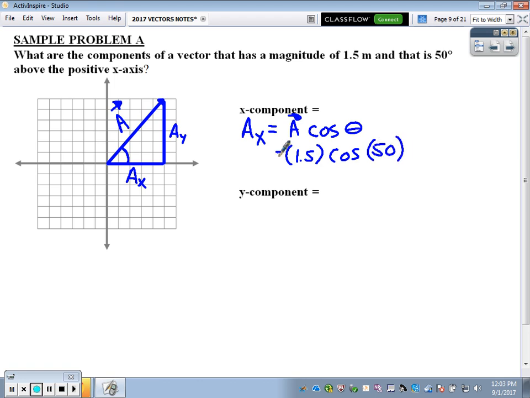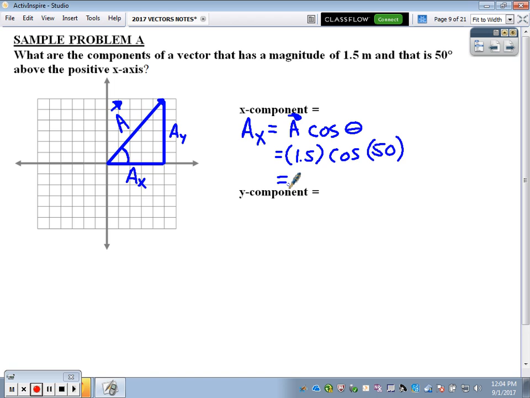I know we said it earlier, but we are going to make sure that we are in degree mode. I would like for everyone right now with your calculators to go ahead and find that value. Okay, so 1.5 times the cosine of 50. And do make sure that as we do that, we are going to express that out to the thousandth place if necessary. 1.5 times cosine of 50.